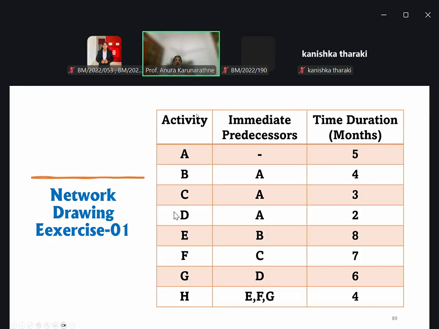Here we have around 30 students. Here we have number of students 190.